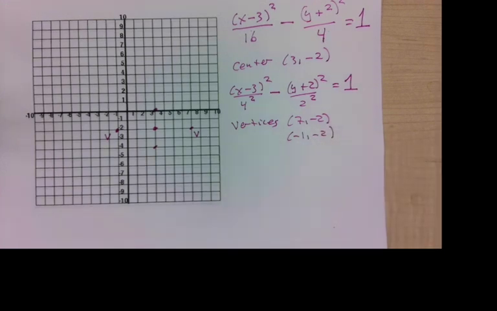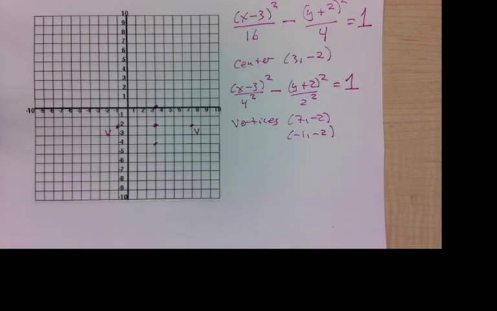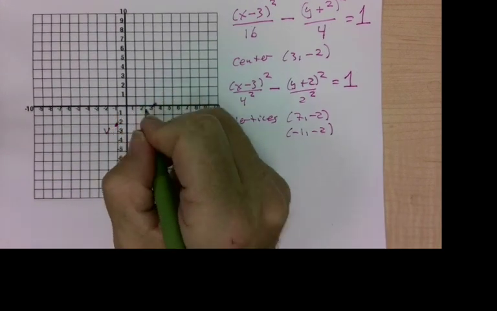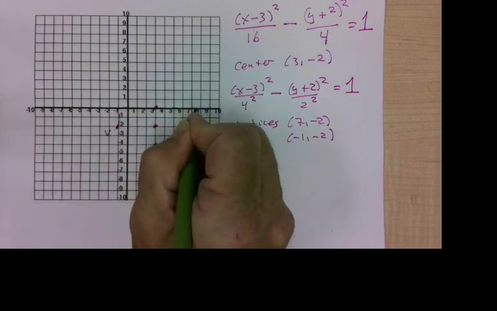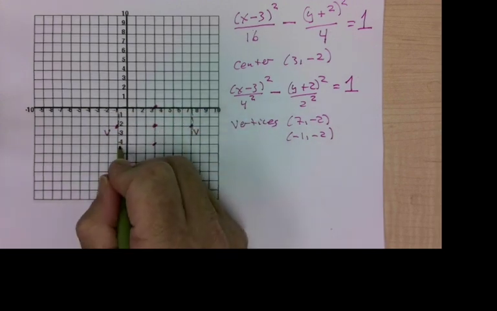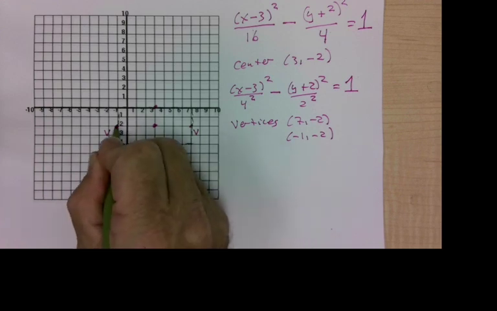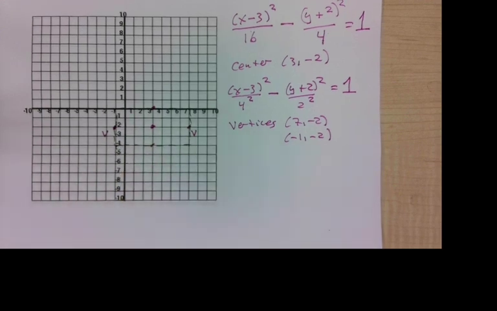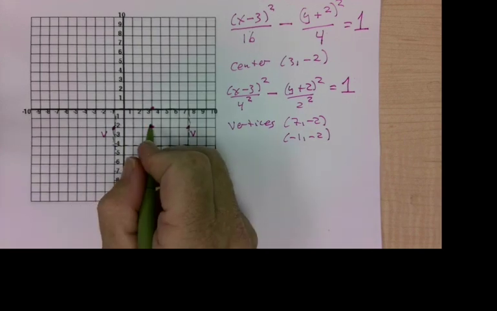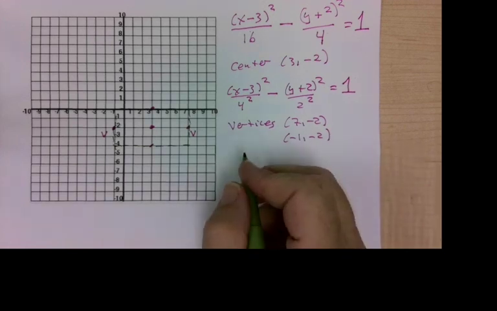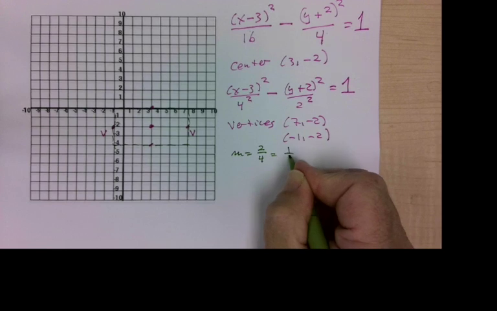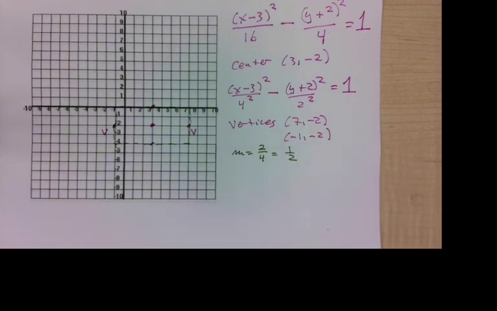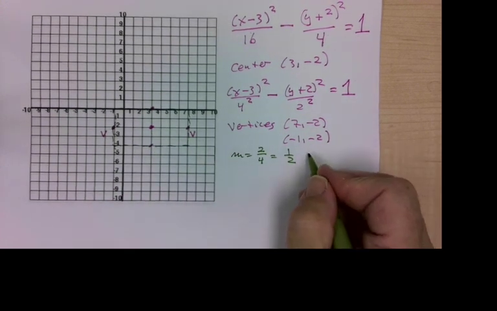Now we can go ahead and draw in that box and consider the asymptotes, as well as the focuses, foci. So what do we have? In the case of our first asymptote, we are rising 2 and running 4. So my slope is up 2 over 4, or 1/2. And the point that it's going through is 3, negative 2.